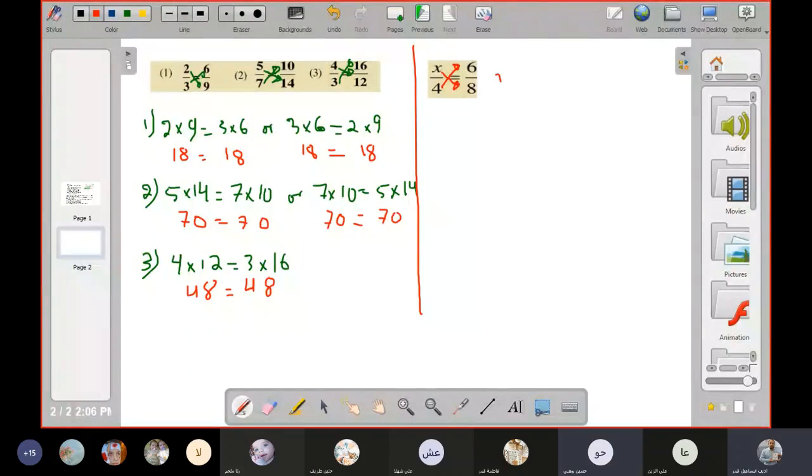We put x times 8 equal 4 times 6. This is cross multiplication. Then first step, cross multiply.